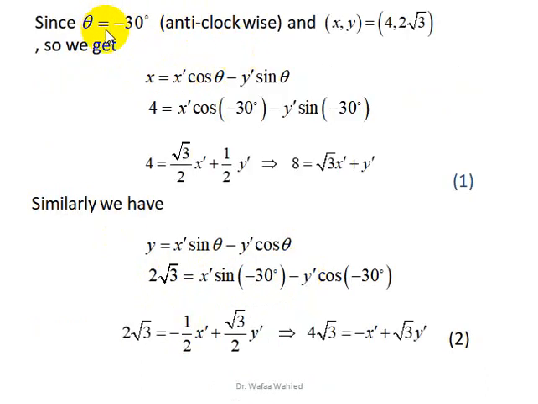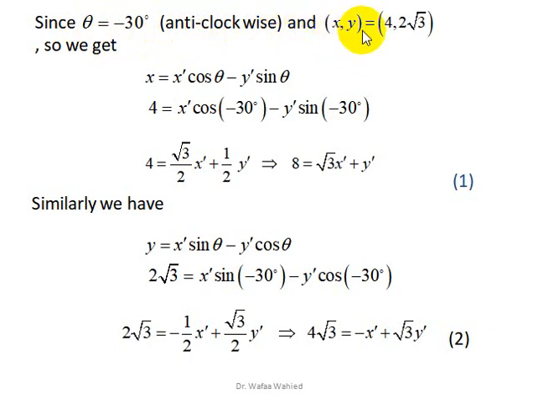Since theta equals minus 30 degrees, minus because we have theta in the clockwise sense, to make theta in the anti-clockwise sense we put minus 30 degrees.